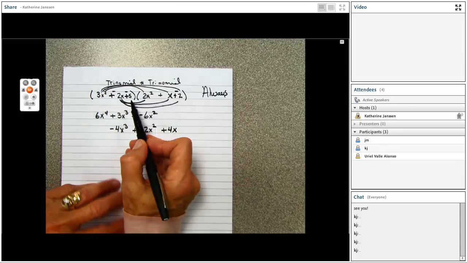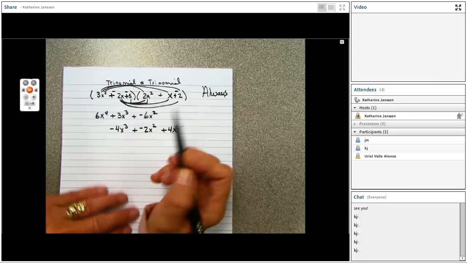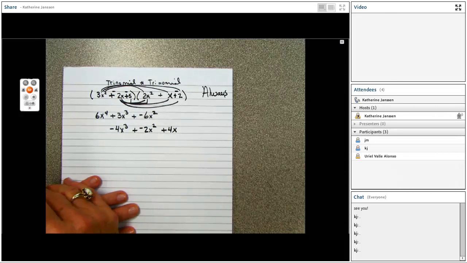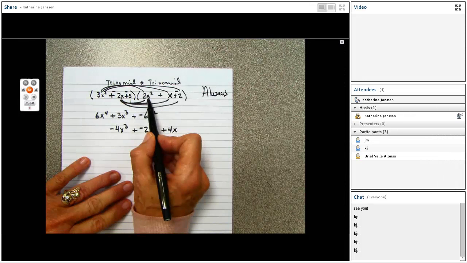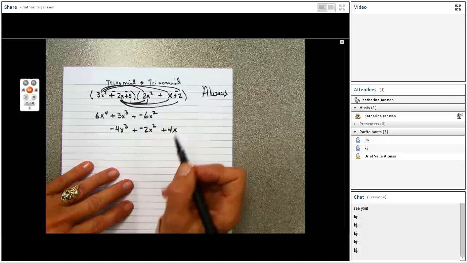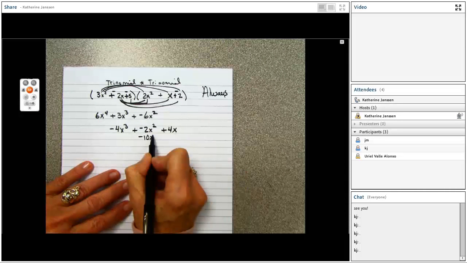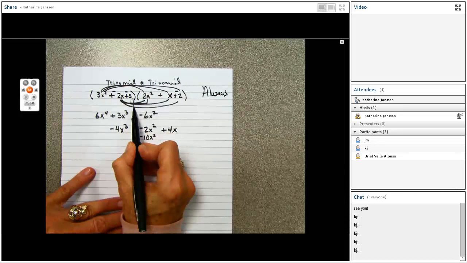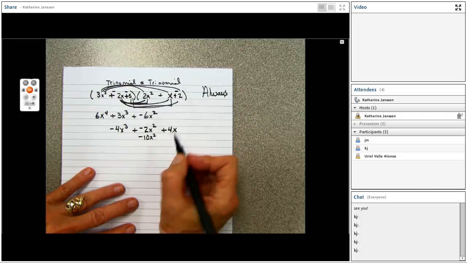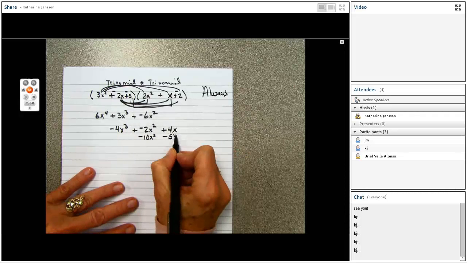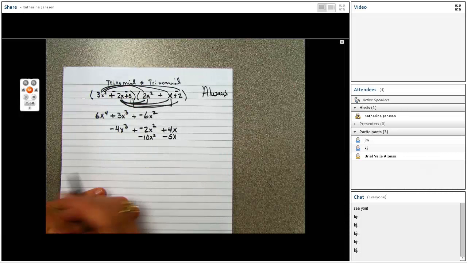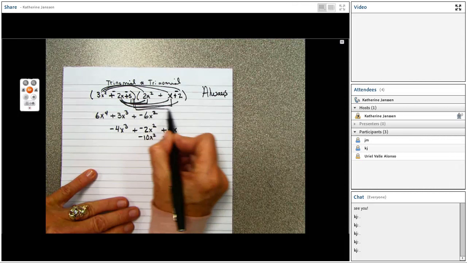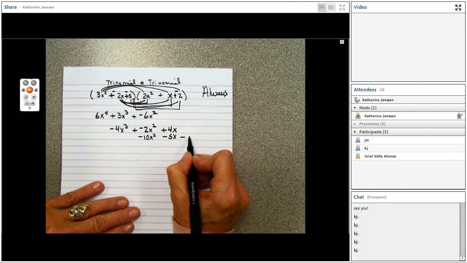And distribute my last term times every term in the second polynomial. A negative 5 times 2x squared will be a negative 10x squared. A negative 5 times x is going to be a negative 5x. And a negative 5 times a negative 2 is going to be a positive 10.